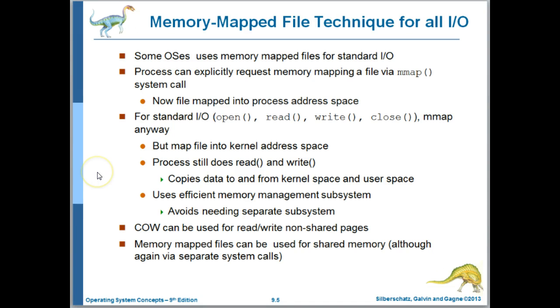It's not uncommon, even if the user process is not using memory mapped I/O, for the kernel to actually map the I/O internally for a user process in order to more efficiently provide the data to the user process.